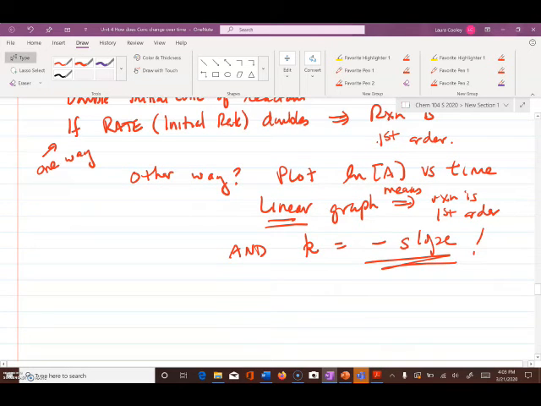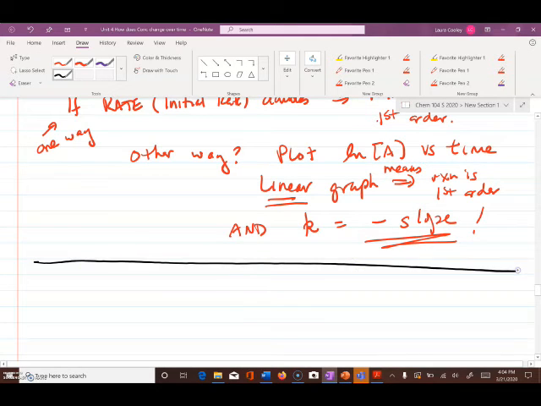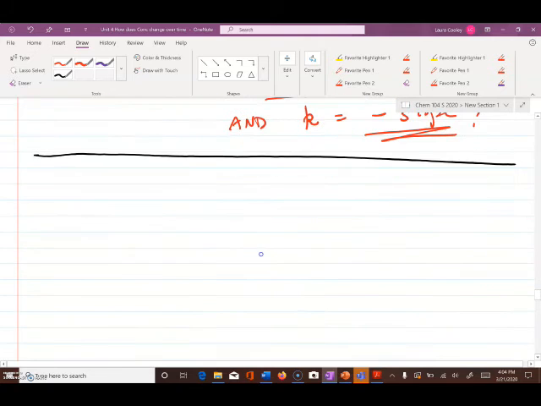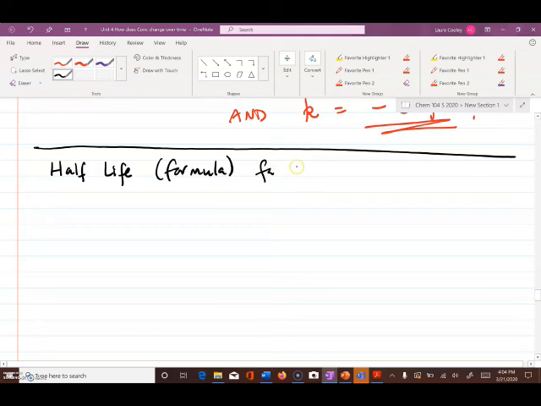So let me talk a little bit about half-life, because I gave you a little introduction to what it means, but we can actually use the equation that we know for first order reactions to figure out the half-life. So we're going to get a formula for it for a first order reaction. Remember what the half-life is.